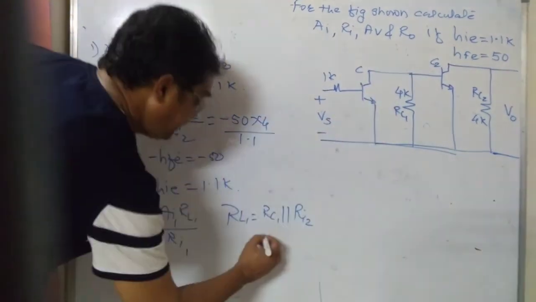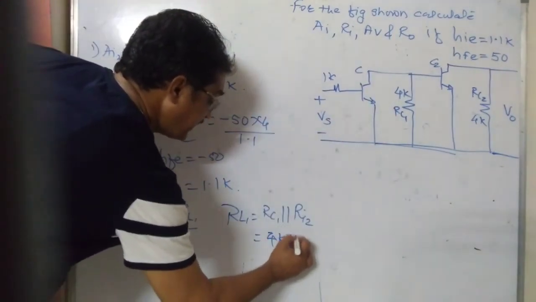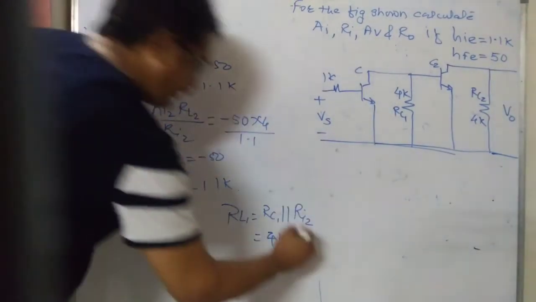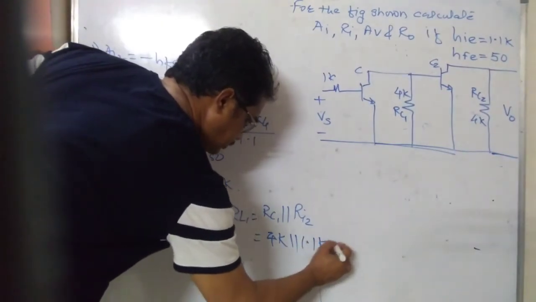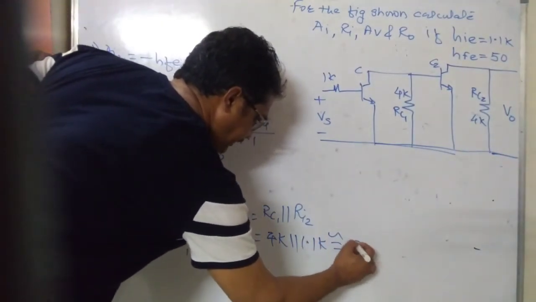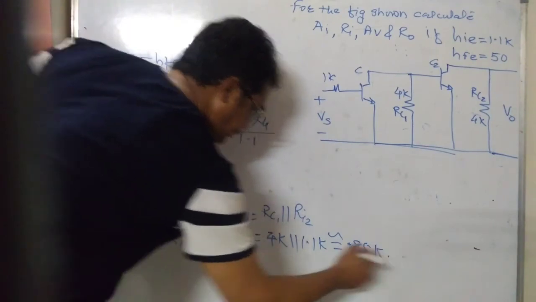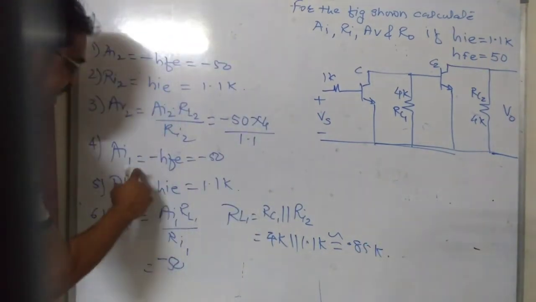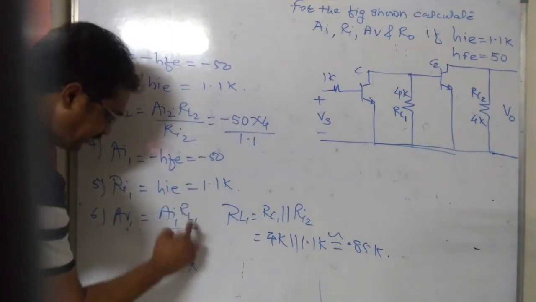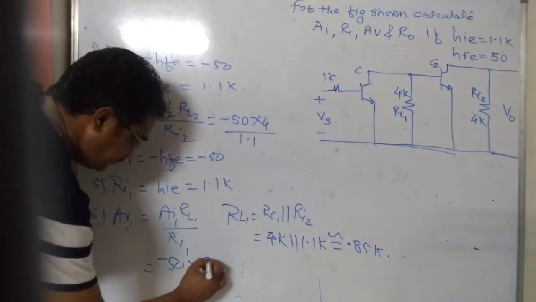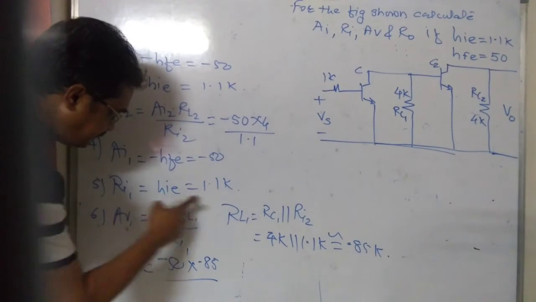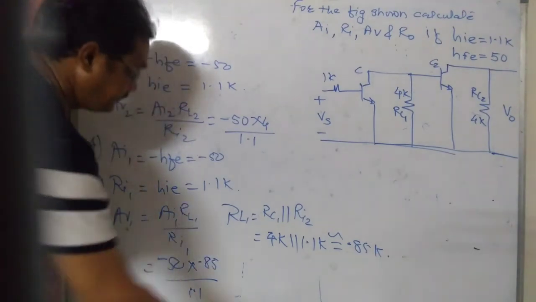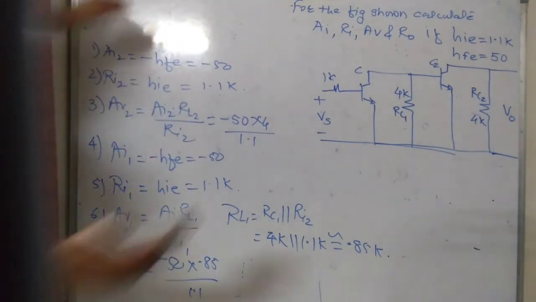RC1 is 4K parallel with RI2, which is 1.1K. So it will be approximately 0.85K. Put it here. AI1 is minus 50 into RL1 0.85 upon RI1 1.1. Right?